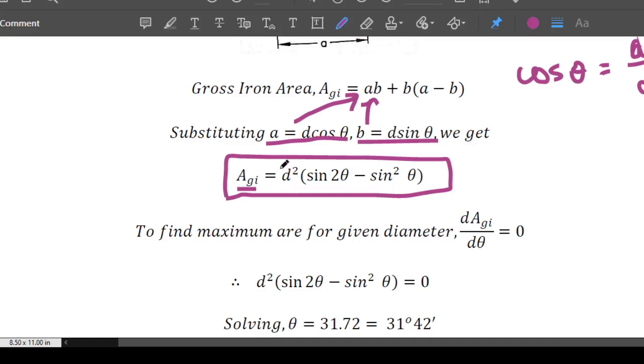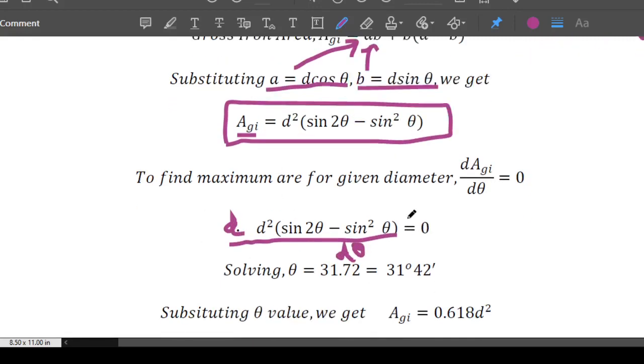When I differentiate this with respect to theta and equate it to 0, and solve it, I get the value of theta as 31.72, or in degrees, 31 degrees 42 seconds.